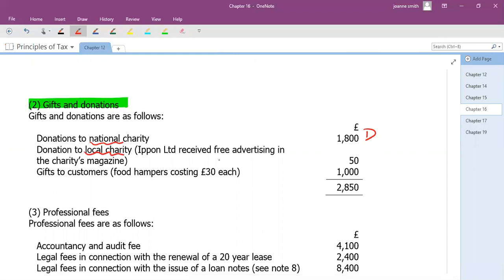Gifts to customers, well, they're only allowable, aren't they, if they're less than £50 each and they advertise for the company and they're not food, alcohol or tobacco. So because it's got the word food in there, then we need to disallow it. I know it's less than 50 quid, but it's got to have all of those in order to allow it.